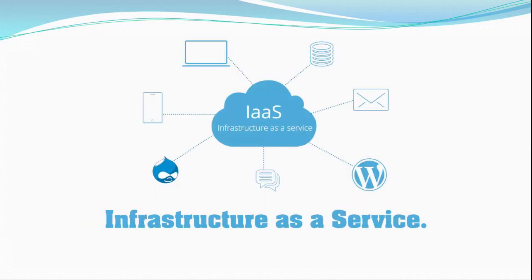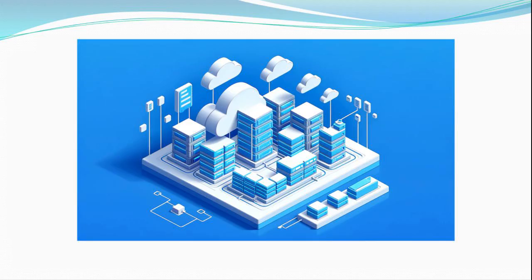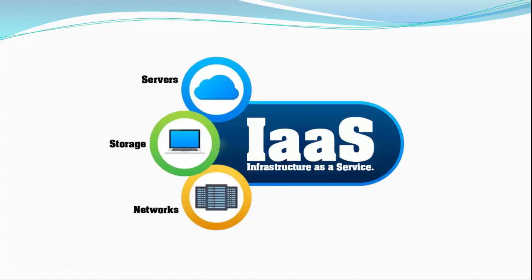Let's start with Infrastructure as a Service, or IaaS. IaaS is like renting an empty plot of land with utilities like water and electricity already connected. You're responsible for building everything else: the walls, the roof, the furniture, you name it. In the cloud, IaaS provides you with virtualized resources such as servers, storage, and networks.